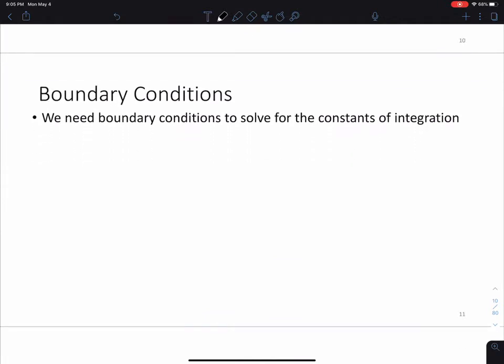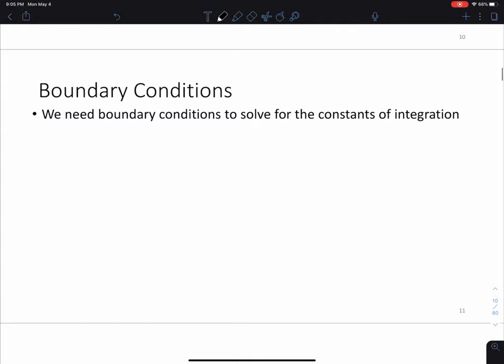Okay, let's talk a little bit about boundary conditions. This is very important regardless of what method you're using and in a lot of applications. You can memorize them, you can remember them, or you can do whatever you need to do so that this is ingrained in your mind. The first one we're going to talk about is the roller support. This is a review from statics a little bit, but generally a roller support is drawn like this.